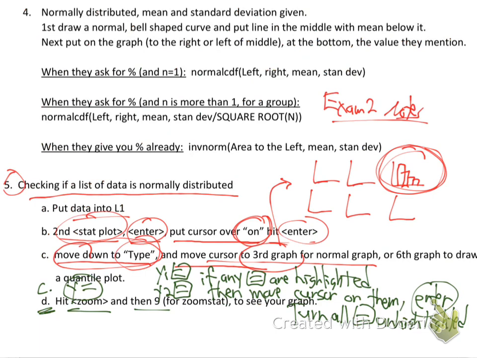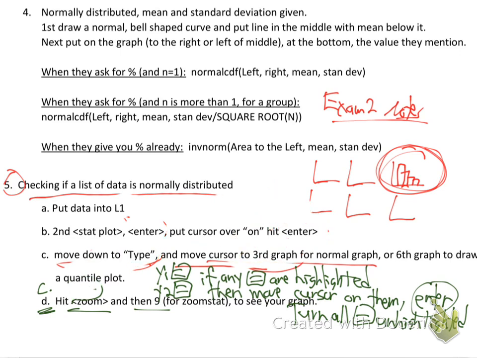If you go back to what we typed out here, the normal quantile plot, that's the 6th graph right here. So again, if you go to second stat plot, enter, move down to type, and now move over to the 6th graph. That's the one, it shows like some kind of line thing like that.